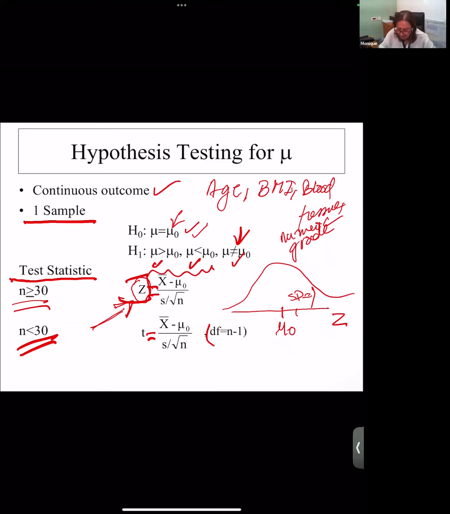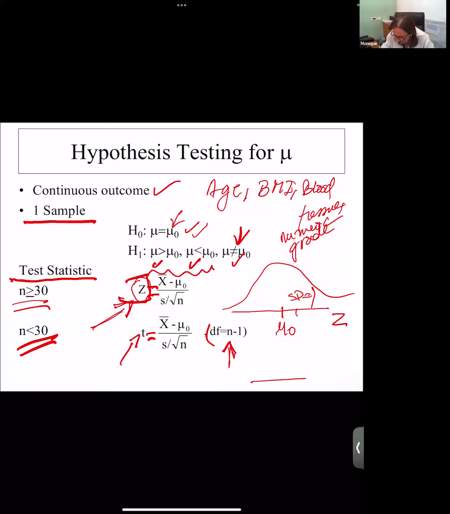But when n is less than 30, my test statistic would be t, and then I would compare the t that I calculate to the t of 5%. So you use the t table. The value would be very similar when n is large, but when n is small, you have to look at the t with n minus 1 degrees of freedom.